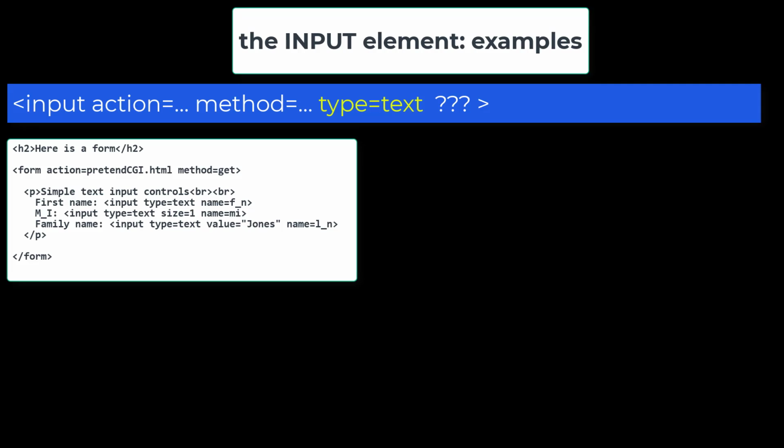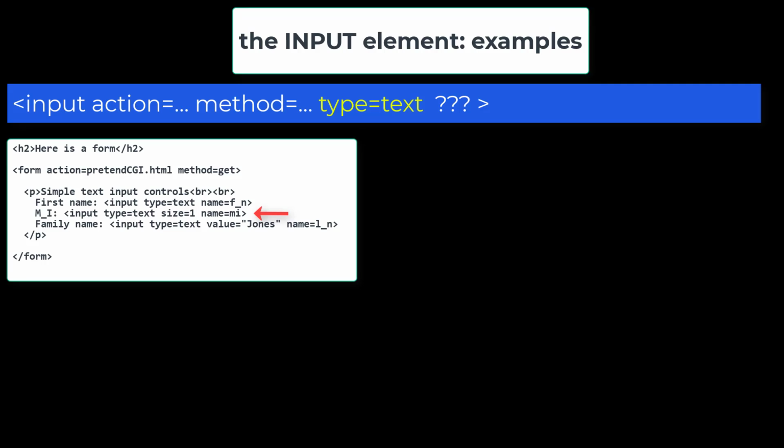Here's an example. We have an H2. Here is a form. And then our form element, action equals pretend_CGI.html, method equals get. A paragraph, simple text input controls, new line, break, break. First name, input, type equals text, name equals F_N, like for first name.